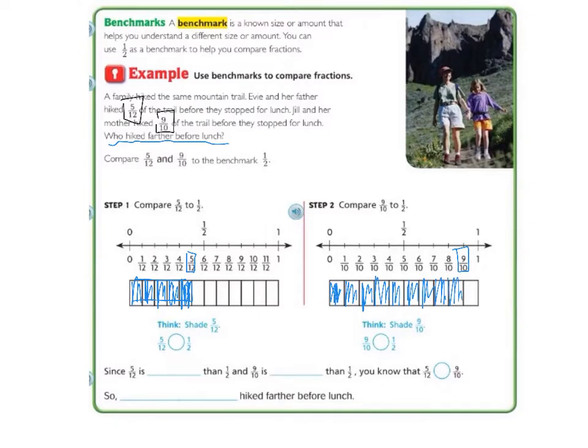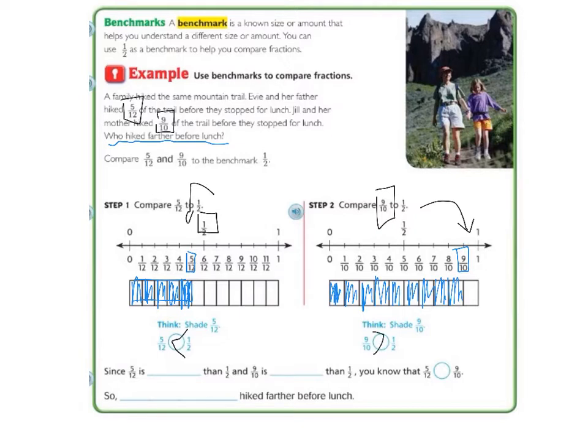Now, if we compare those two to half, half is right here. So 5/12, since it comes to the left, is smaller than 1/2. And 9/12, since it comes to the right of 1/2, is larger than 1/2. So if we compare the two numbers to each other by using 1/2, we could say that 5/12 is smaller than 1/2, and 9/12 is larger than 1/2.